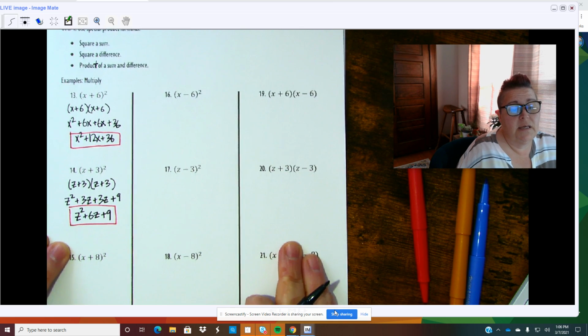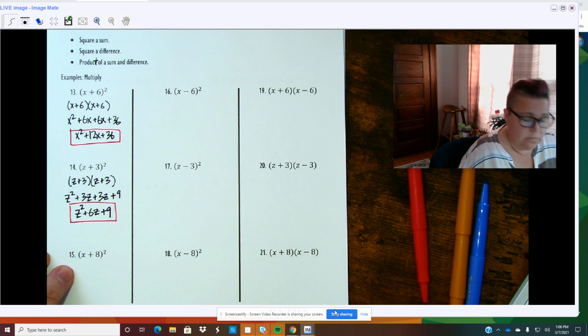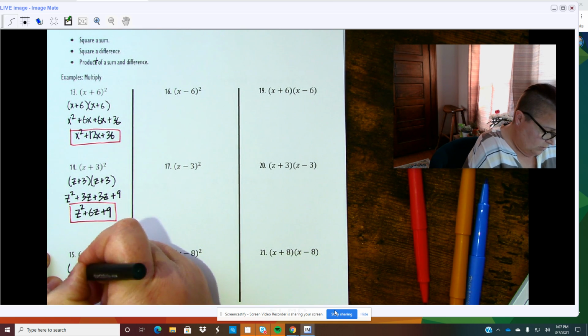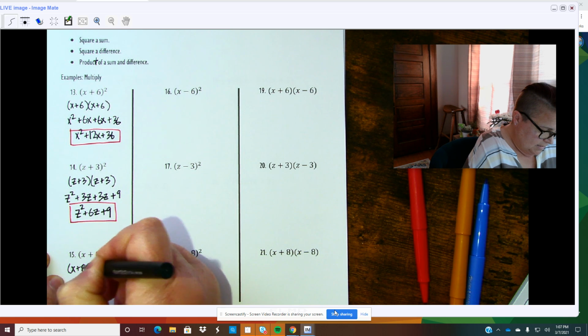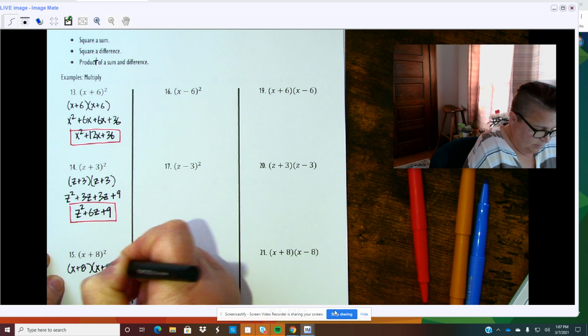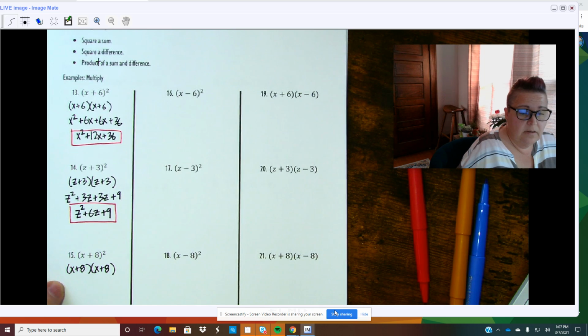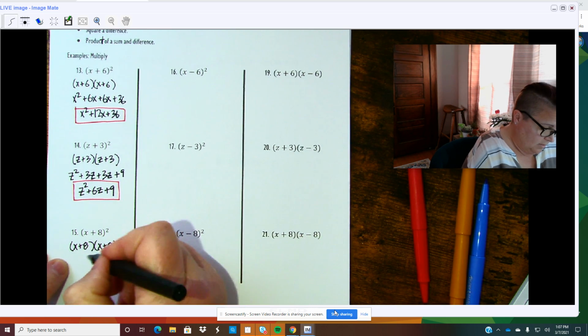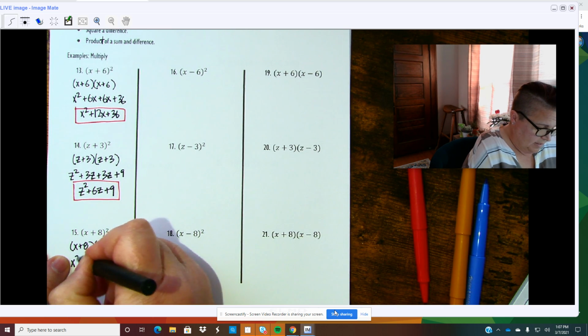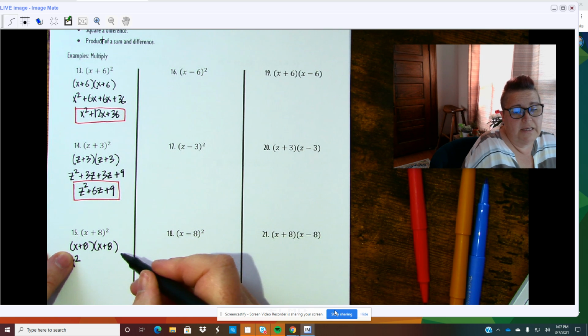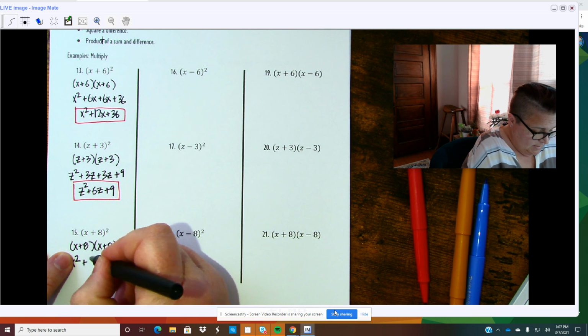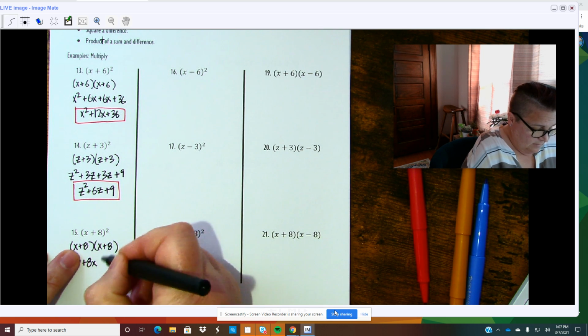Okay. If I have x plus 8 quantity squared, this is going to be x plus 8 times another x plus 8. Using the FOIL method, the first would be x times x, or x squared. The outside would be 8x. The inside would be another 8x.